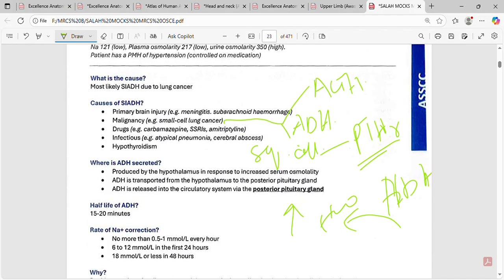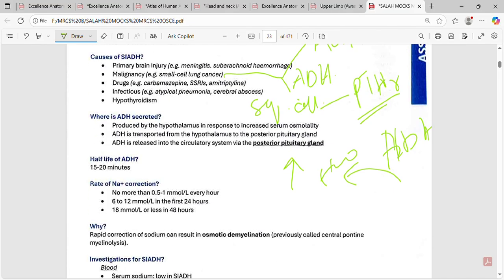Half-life of ADH is 15 to 20 minutes, and the rate of sodium correction should be no more than 0.5 to 1 millimole per liter every hour. So 6 to 12 millimole per liter in the first 24 hours, and 18 millimole per liter or less in 48 hours.